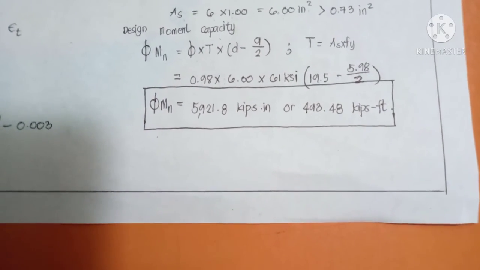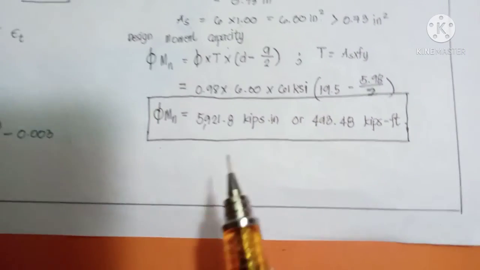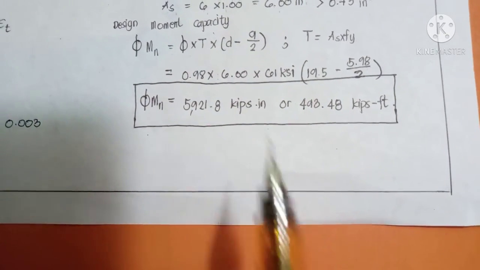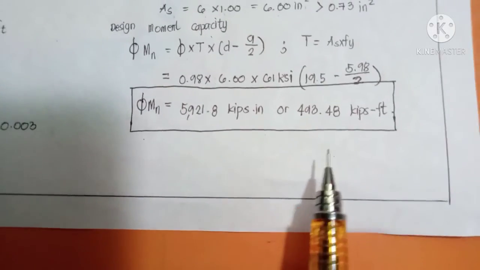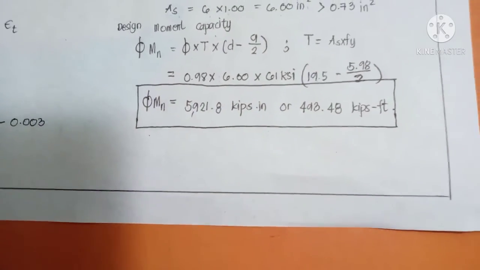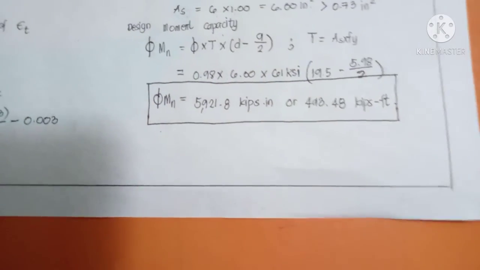So we come up with 5,921.8 kip-inch, or 493.48 kip-feet. So this is now our final answer.